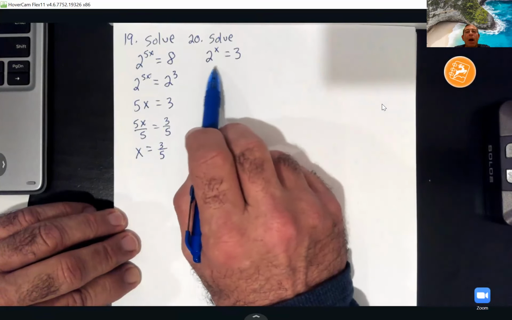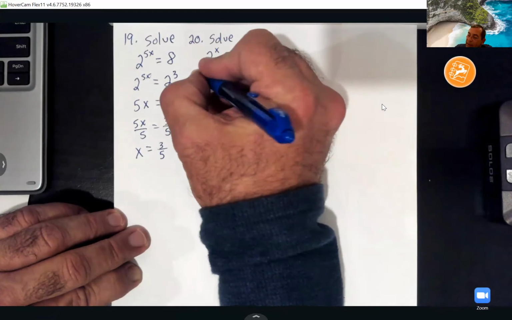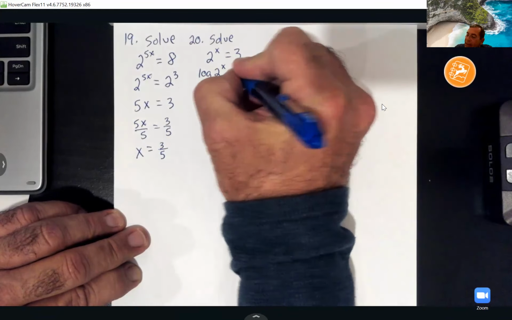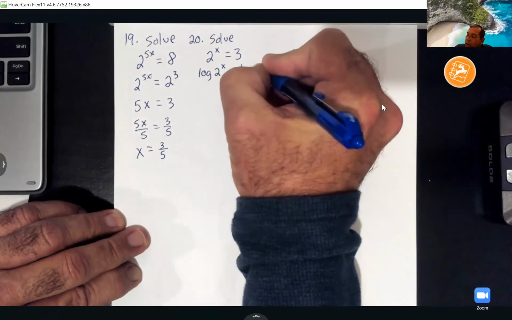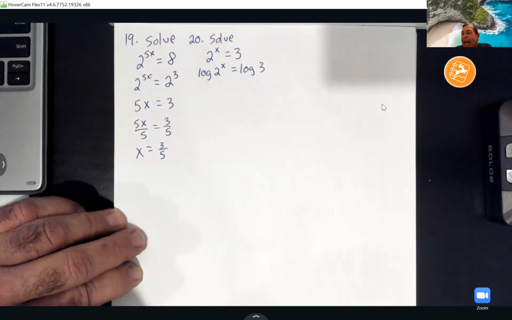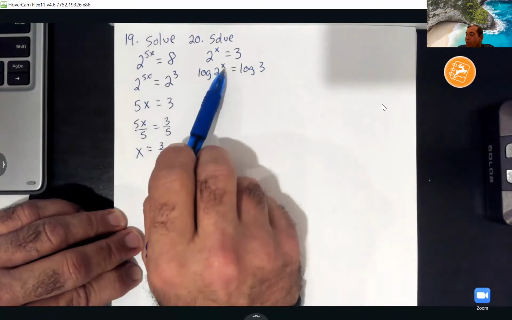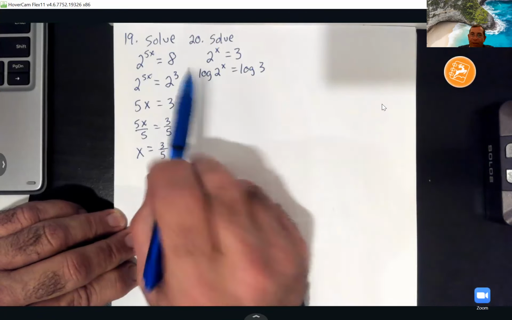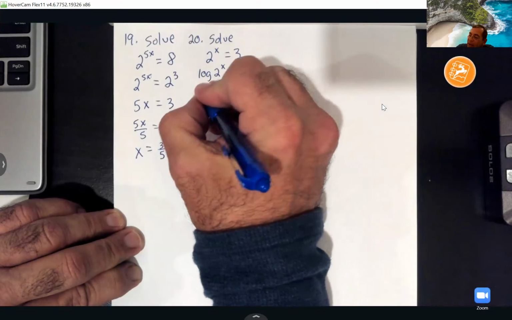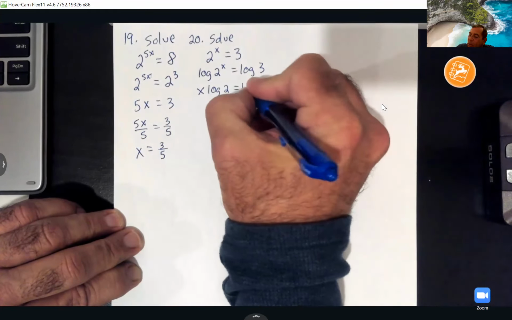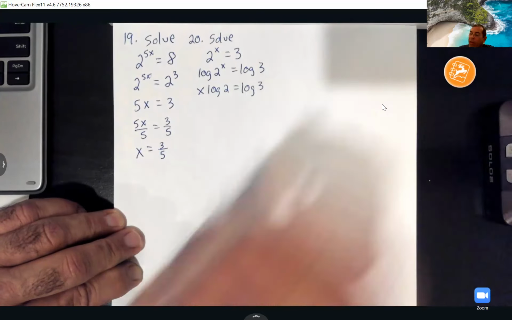I took a log of both sides. So I did a log of 2 to the x equals a log of 3. We did that for one reason, and that one reason was so we could bring that x down to the front. So that I now have an x times log 2 equals log 3.